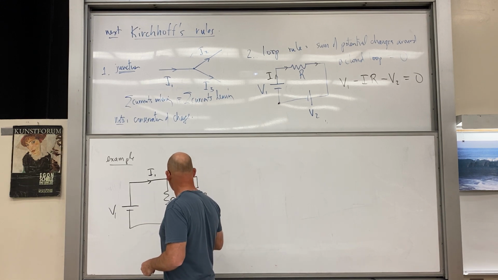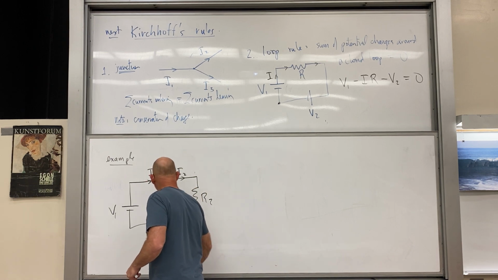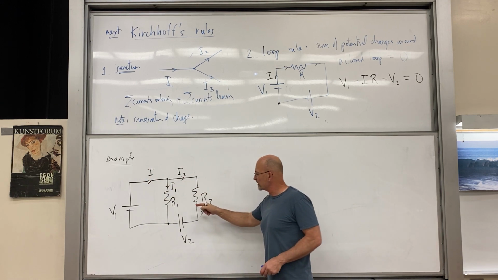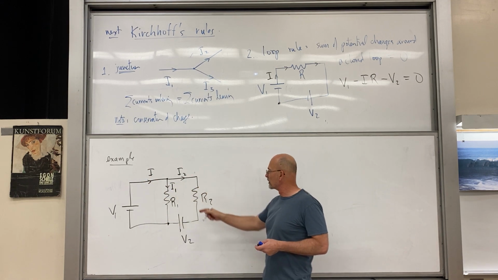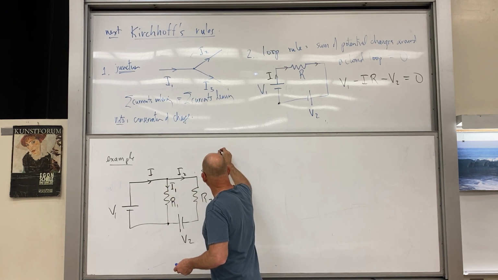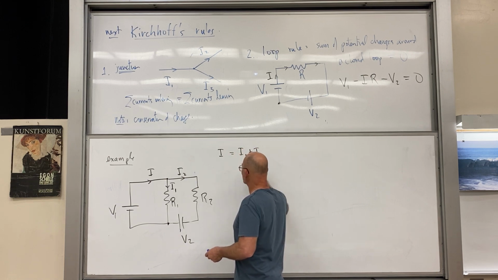We'll just call this I, and then we'll call this one I sub 1, and this one I sub 2. So I sub 1 is going through R sub 1, I sub 2 is going through R sub 2. And this gives I equals I sub 1 plus I sub 2.